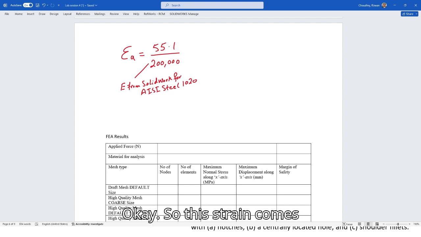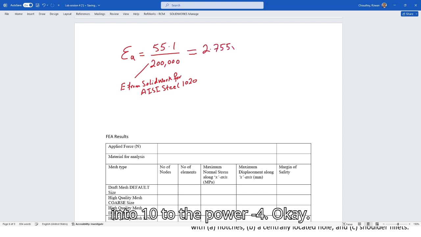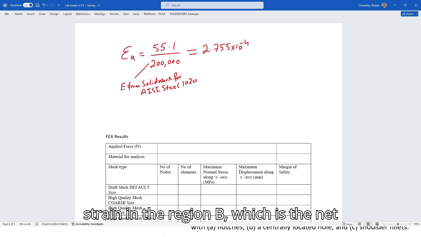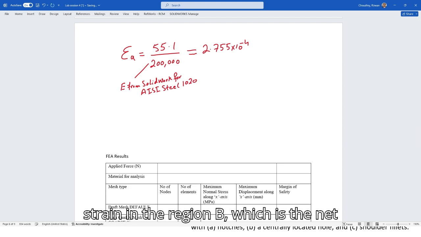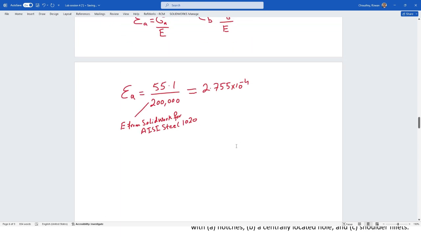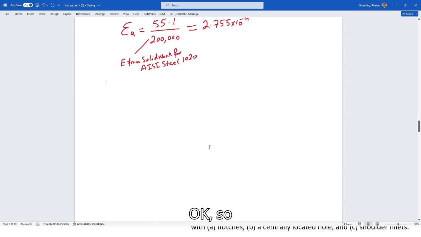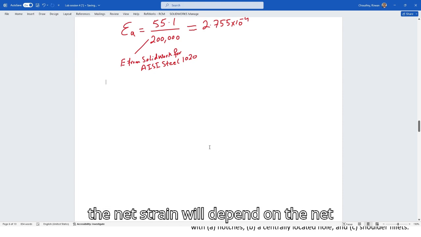So this strain comes out to be 2.755 into 10 to the power minus 4. In the same way, we can calculate the strain in region B, which is the net strain. The net strain will depend on the net stress.